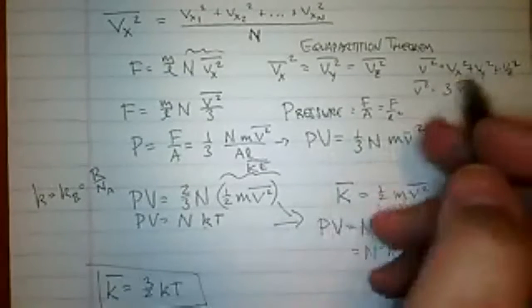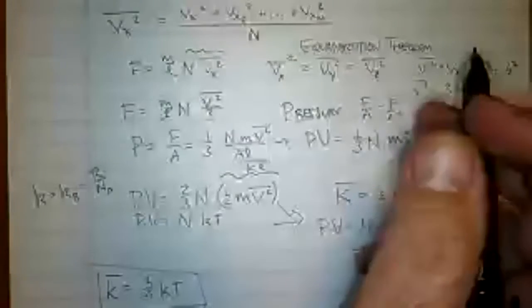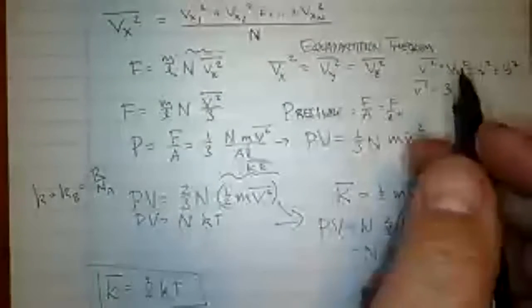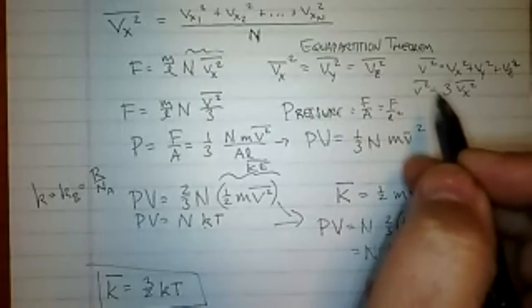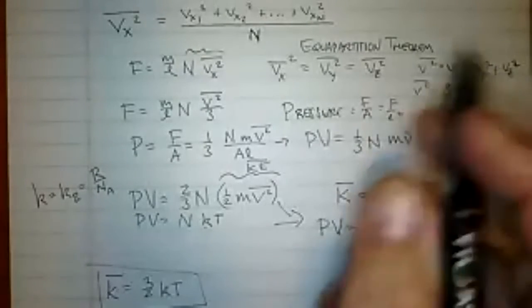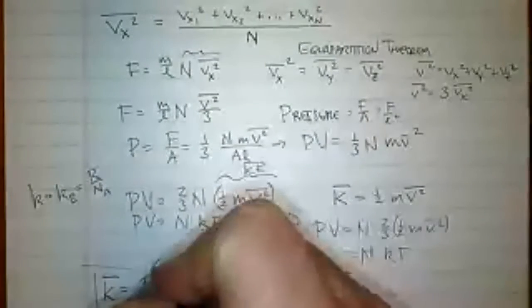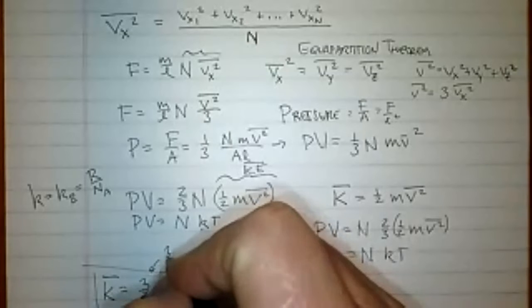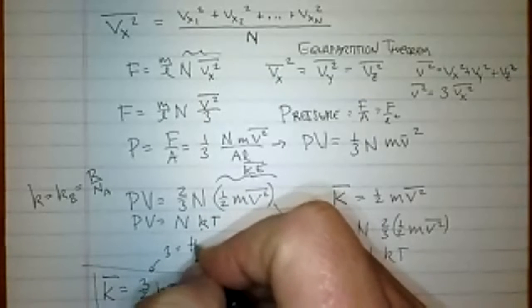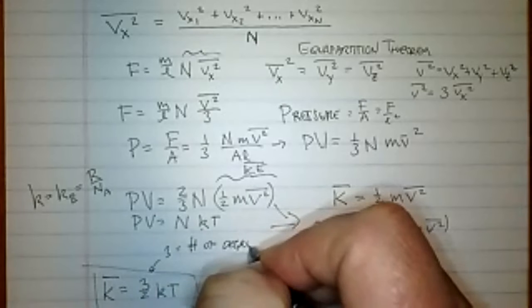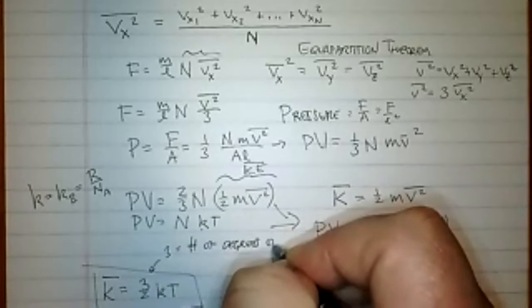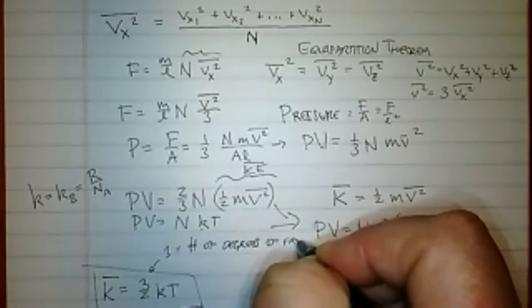Okay, it's the number of degrees of freedom. If you treat an atom or molecule as if it's a point particle, it can only move in 3 dimensions. It can only move 3 different ways. So really a more general response is that 3 is the number of degrees of freedom.